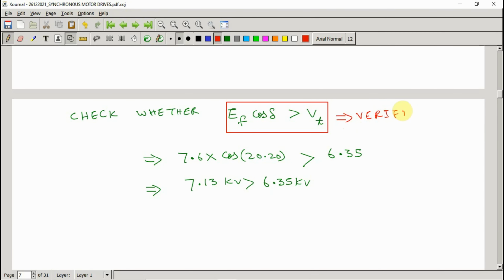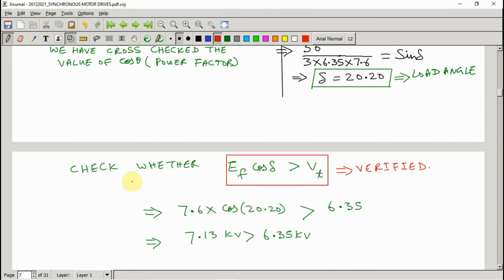So now we have not made any wrong assumption. We have made the right assumption by assuming that it is overexcited. If the alternator is overexcited, it will operate at lagging power factor. And how do we check whether it is overexcited? This inequality has to be satisfied.